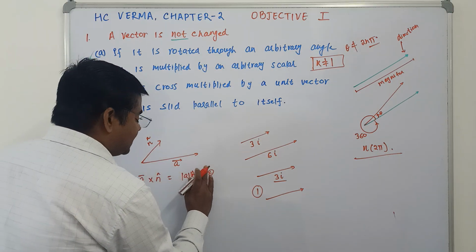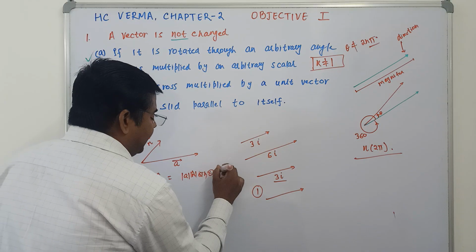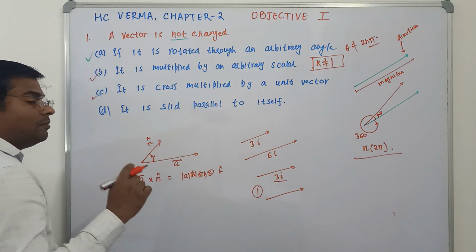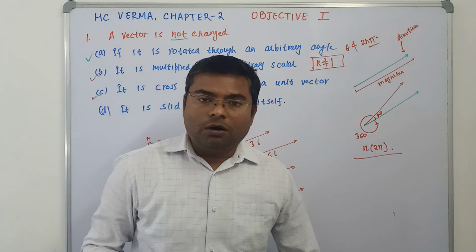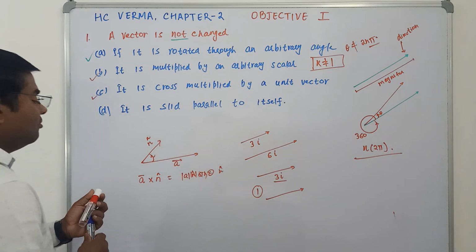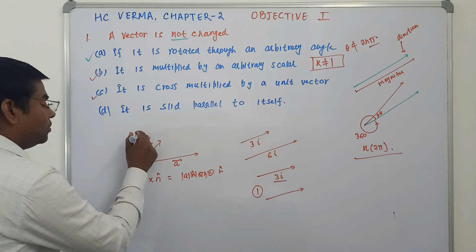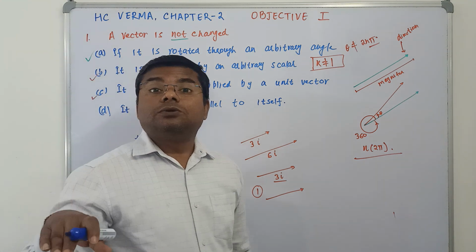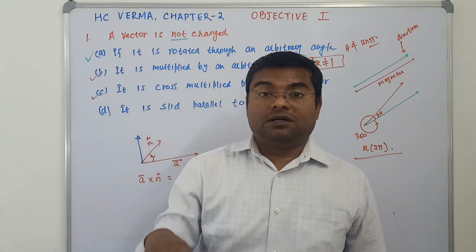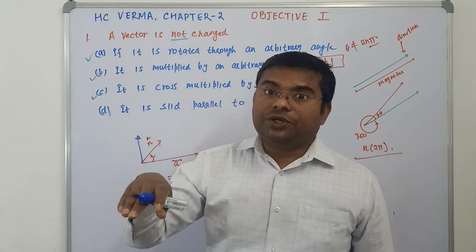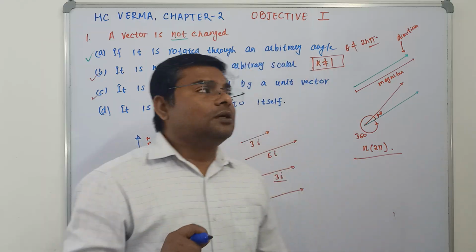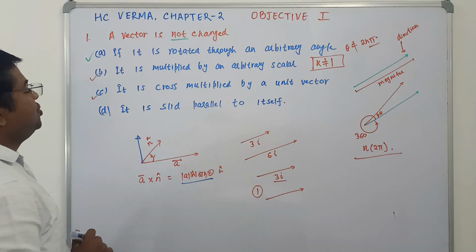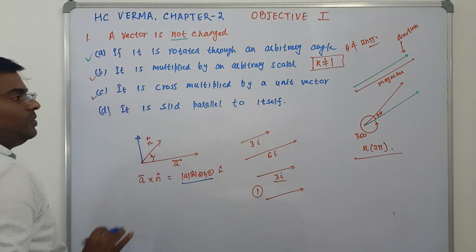Sorry, here it is sin theta, not cos theta. The vector product of any vector, whether it is a unit vector or not, is a vector which is perpendicular to both vectors. So the direction will be perpendicular to the initial vector, that is vector A, and the unit vector. Rather, the magnitude may be the same but the direction is changed. So this is also not true.